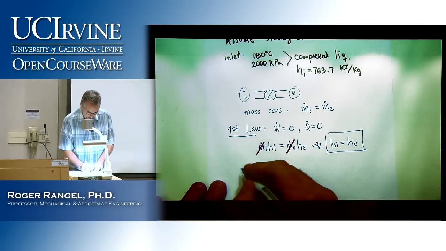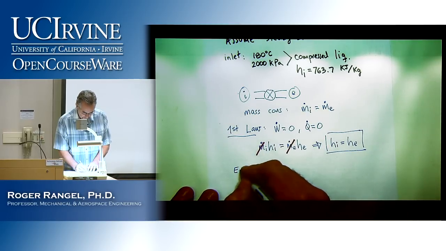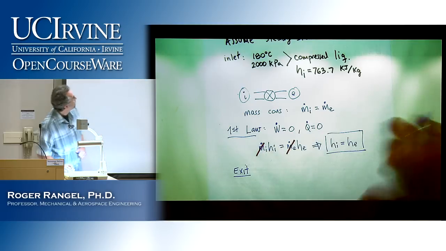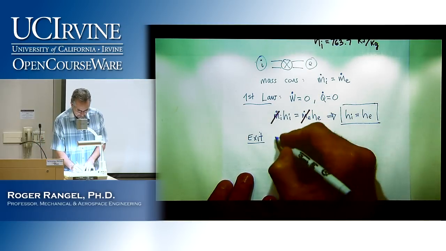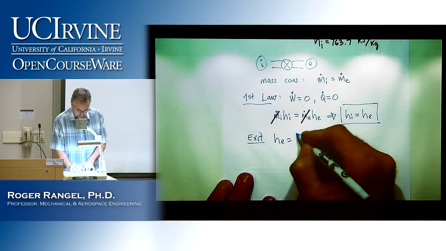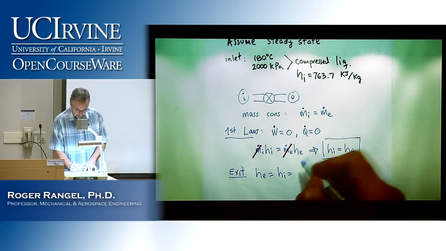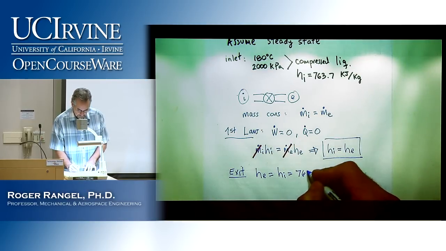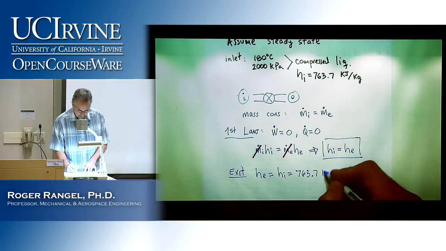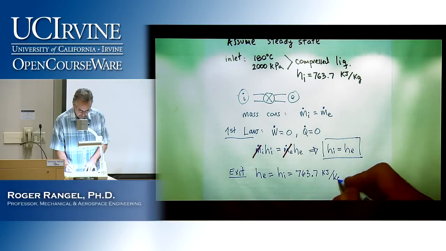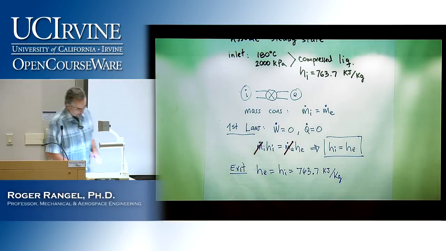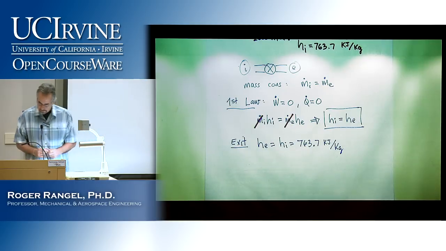So what I know now is that at the exit, the enthalpy is the same as at the inlet, and that number was 763.7 kilojoules per kilogram.